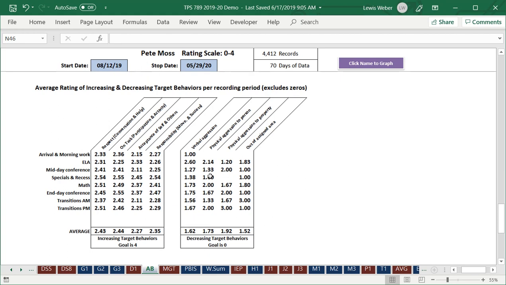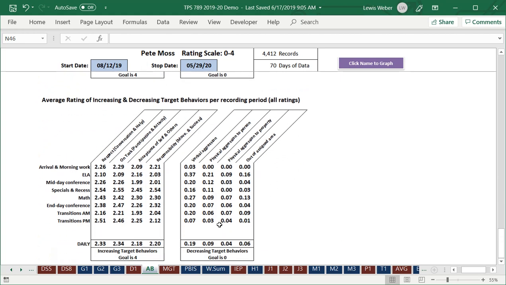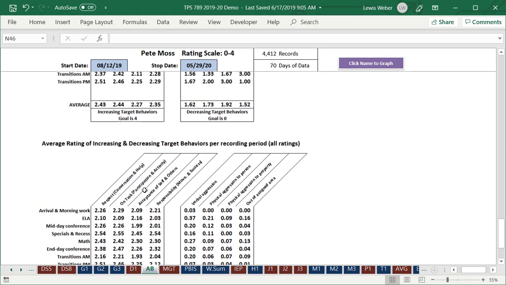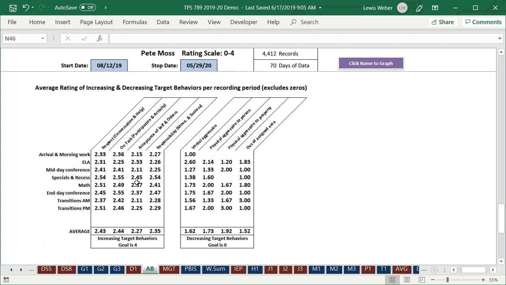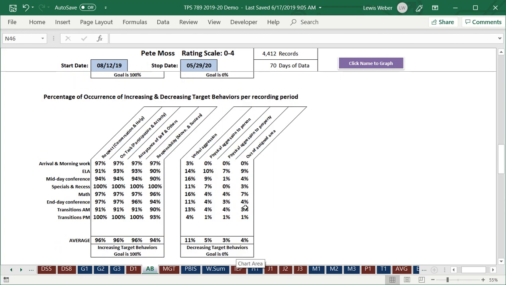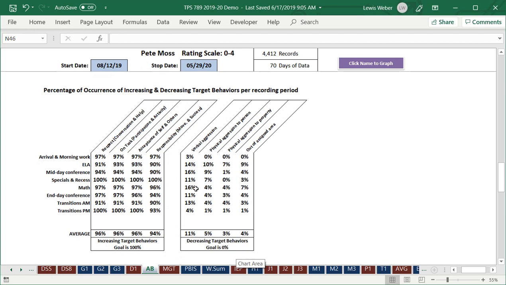And that gives us an intensity measure. And then following that, we can look at all the ratings. So we can compare these values, which include the zeros, to these values over here. Tremendous amount of data that is available here. And if we had to pick one, what I like to look at is percentage of occurrence, because I want to know where the decreasing target behaviors are occurring.